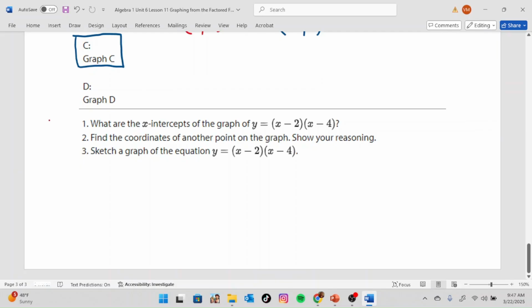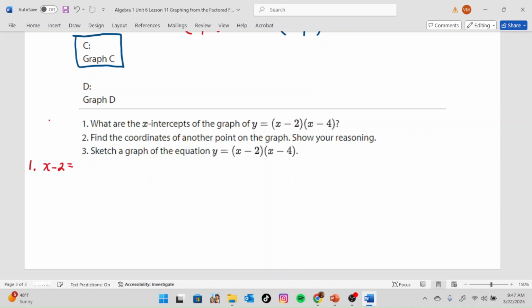Our last practice problem, number 1, asks us, what are the x-intercepts of the graph of y equals (x minus 2)(x minus 4)? So let's find the x-intercepts by setting each factor equal to 0.